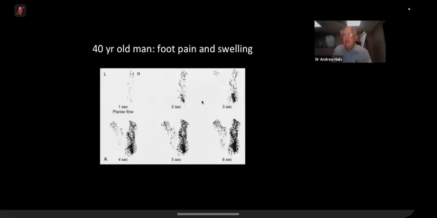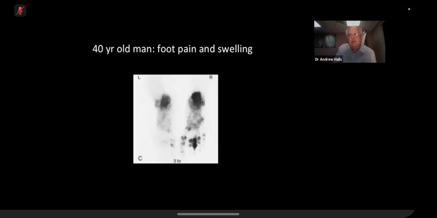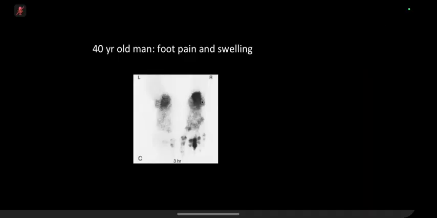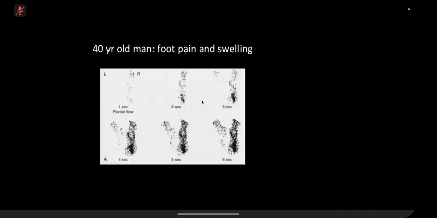Looking at these sets of images, which side is the abnormal side? I think one side obviously has a much more significant uptake compared to the other, so I think it's the right side which is abnormal.